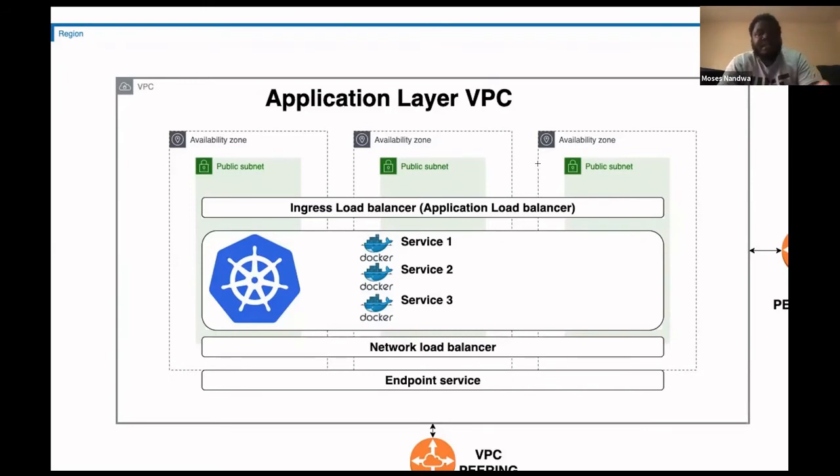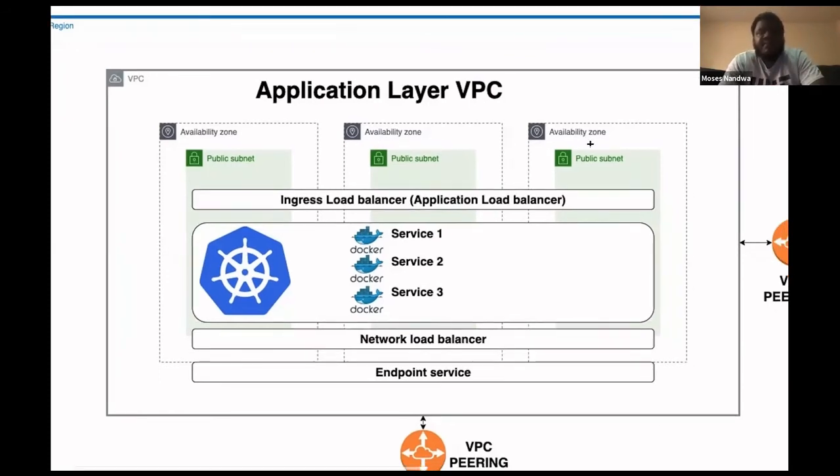If you look keenly, we have 3 availability zones available over here. Taking a case like Ireland, EU West 1 or EU West 2, it has zone 1, zone 2, and zone 3, which are totally different geographical areas and are very unlikely to go down at the same time.